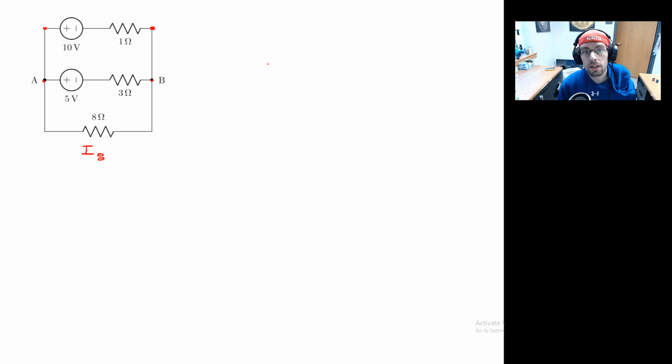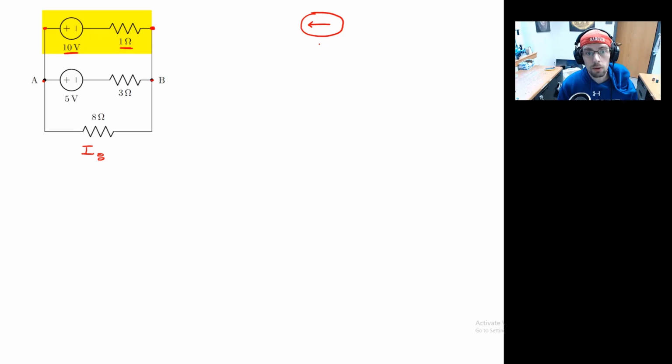So I'm going to go ahead and start off with the top source, and I would like to change this into a current supply. The first thing that I need to do is identify what value I should use for that current supply. Per our source transformations, we notice that we have a 1 ohm resistor. And that derivation that we had said that I need to take the potential and divide by the resistor to find the current supply value.